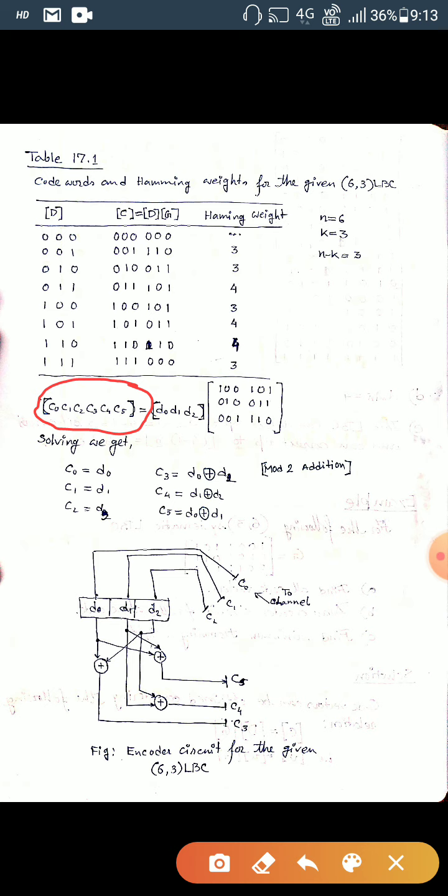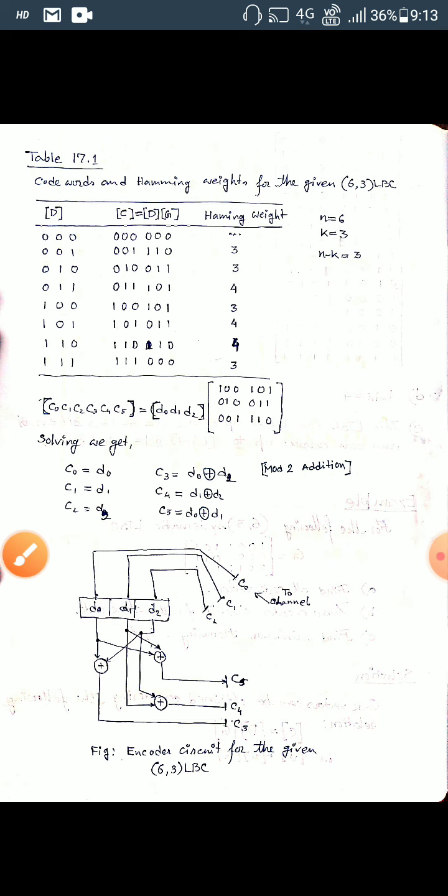Why is this c5? The number of code word bits is 6, so if you start from 0, the last one will be suffix 5. The number of message bits is 3, so this is from d0 up to d2.